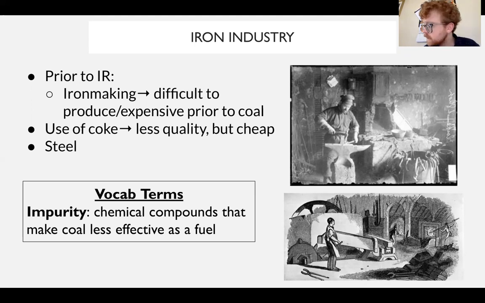It's kind of dirty in a way, but it is very hot. And it is going to allow for very quick, very cheap production of iron. So it's less quality iron, but it's so much faster to make. You don't need skilled labor. You can just have any Joe Schmo with a hammer do it. And eventually we will see, by the second Industrial Revolution, the use of steel, the production of higher quality iron. All right, let's go on from there.